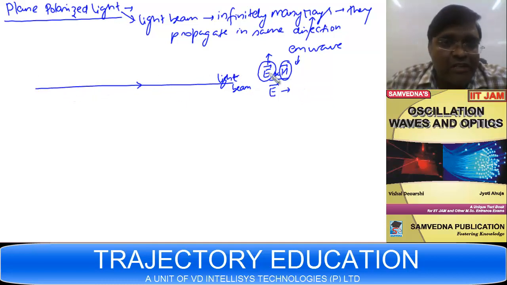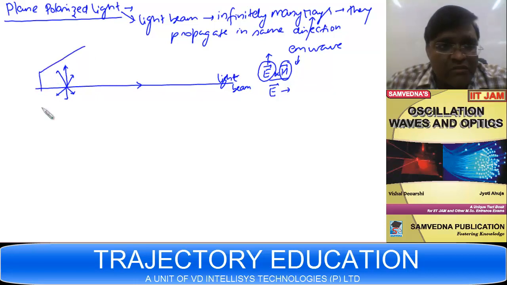So the field vector, that is the E vector, for all these rays must be perpendicular to the direction of propagation. From electromagnetic theory, we know that the field vector must be perpendicular to the direction of propagation. So if this is the direction of propagation, your field vector can be in this direction, or in this direction, or in this direction. All are perpendicular to the direction of propagation, and you can have infinitely many directions.